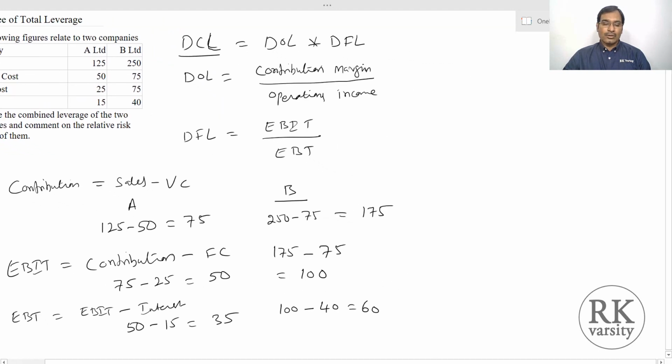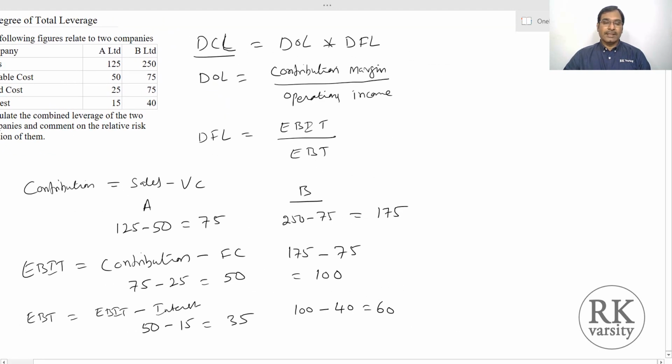Now using these values, we'll calculate degree of operating leverage and degree of financial leverage. For A, contribution is 75 and operating income, that is EBIT, is 50. And for B, contribution is 175 and EBIT is 100.